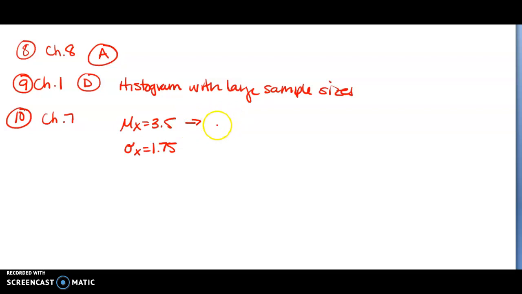So transformationally, that now means my new mean is 350, and my new standard deviation is 17.1. And they're asking what's the probability that your total score is at least 375.